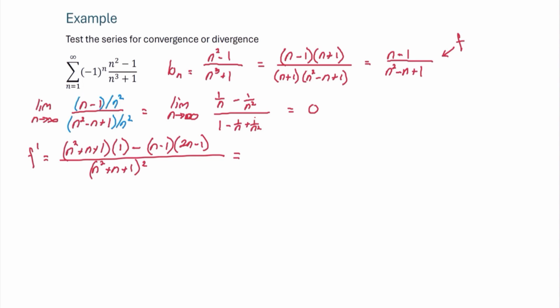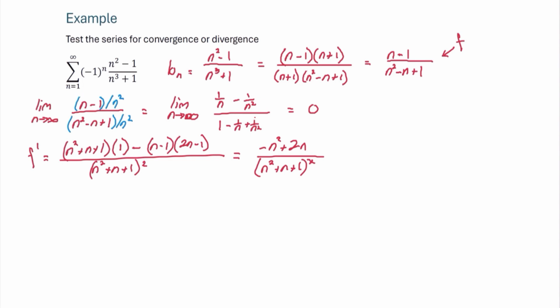Simplifying this, we'll get negative n squared plus 2n divided by n squared plus n plus 1 squared.